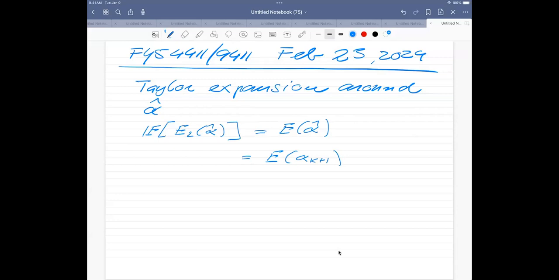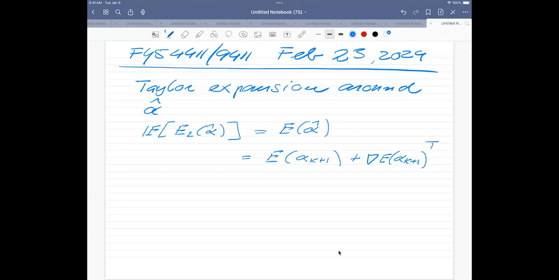But you could just think of making a Taylor expansion around that point, alpha, where you have the optimal value. In this case, we got the second derivative of the energy. So we had a gradient of E, calculated at alpha of k plus 1. Since this can be a vector, we have to take the transpose.